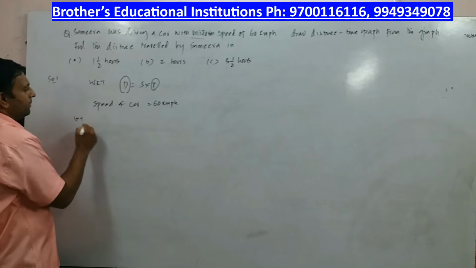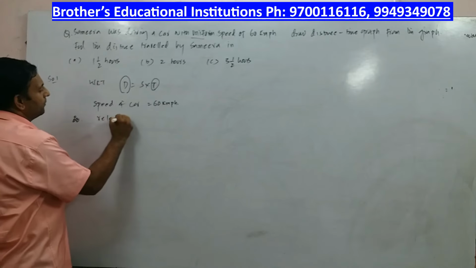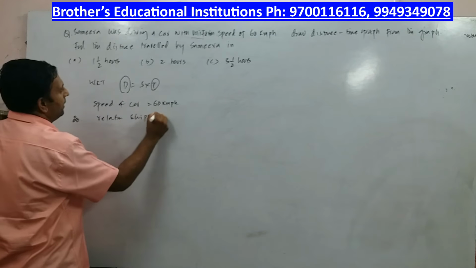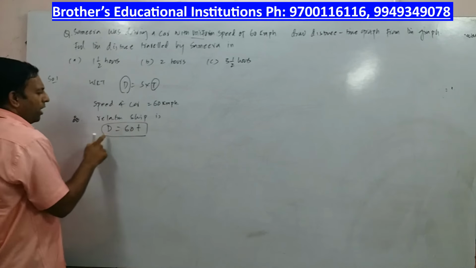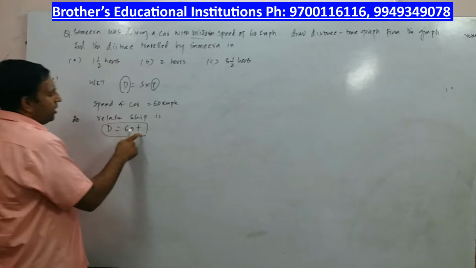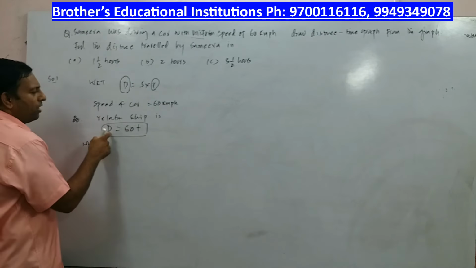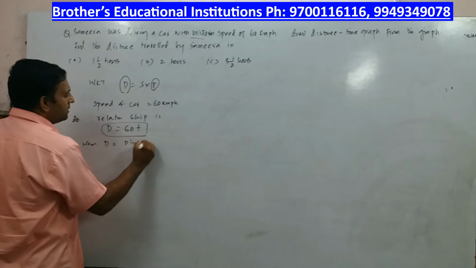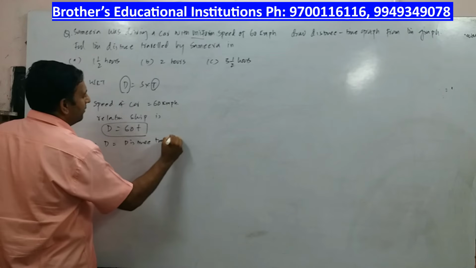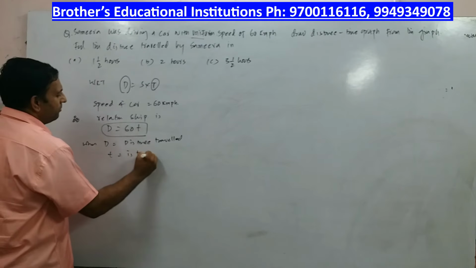So therefore, the relationship is d is equal to 60t. That's it. Now I may call y is equal to 60x, or I may call x is equal to 60y. I need to define where d is distance travelled and t is time taken.